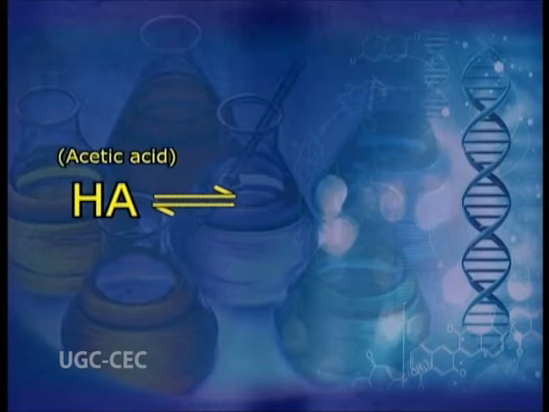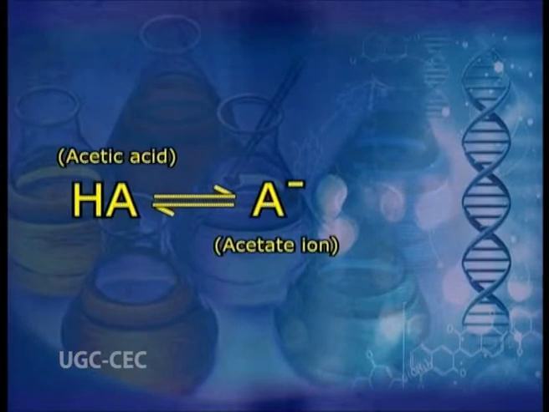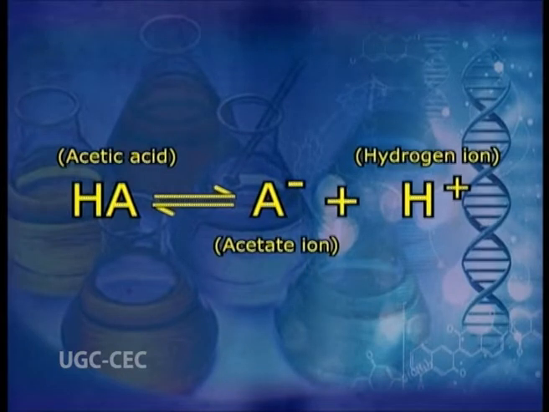In the example shown in the figure, HA represents acetic acid and A minus the acetate ion. The chemical species HA, A minus and H plus are said to be in equilibrium when their concentrations do not change with the passing of time.